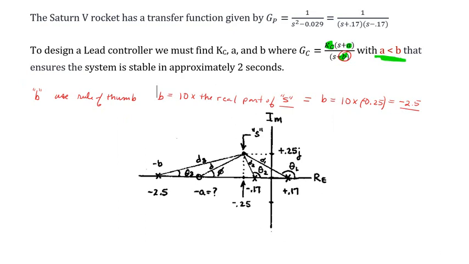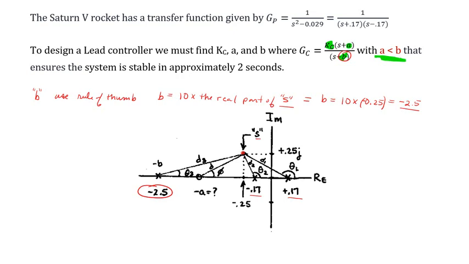What you'll notice is that we've already put in the value for B, or negative B, which is 2.5. We've shown the two poles of the plant, 0.17 and negative 0.17. Again, one's on the left of the imaginary axis, one's on the right of the imaginary axis. We've also placed the value of our s, which was provided in the problem.